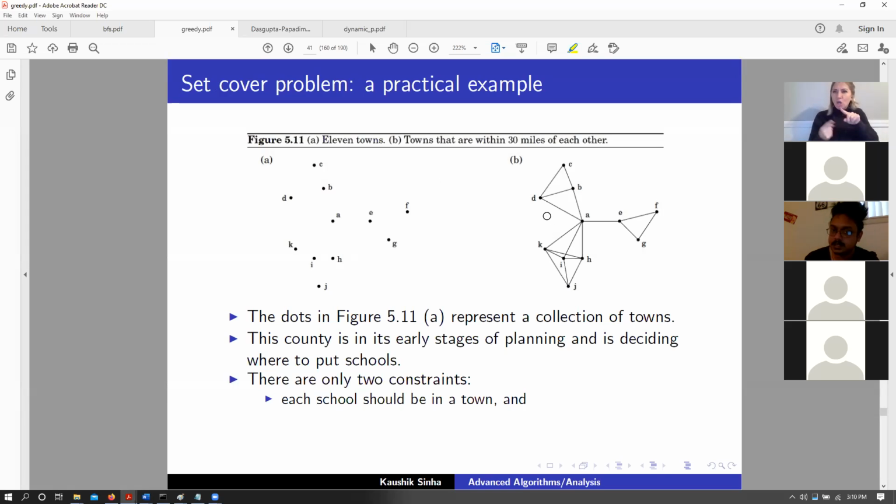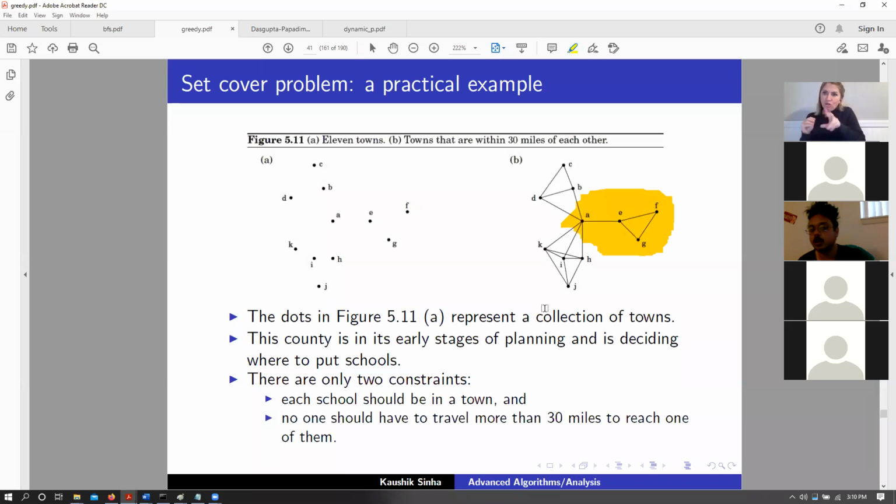So all of the edges that you see connecting different towns here are basically towns that are within 30-mile radius of a particular town. So A is within 30 miles of B, D, E, H, I, and K. F is within 30 miles of E and G, and so on, right?